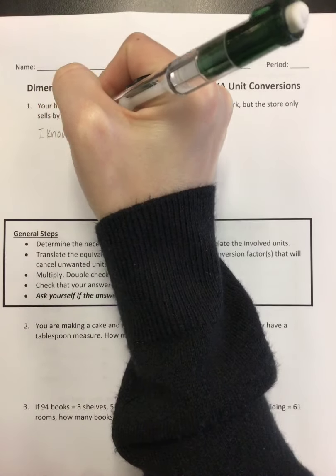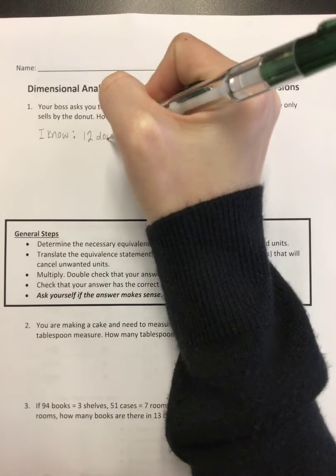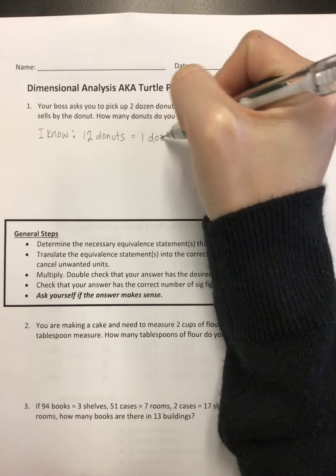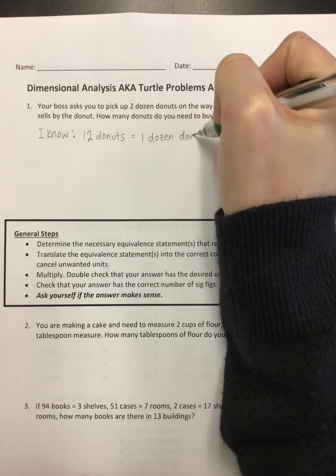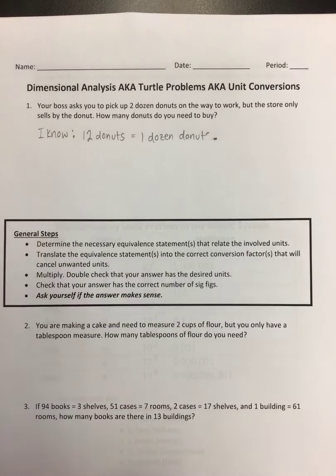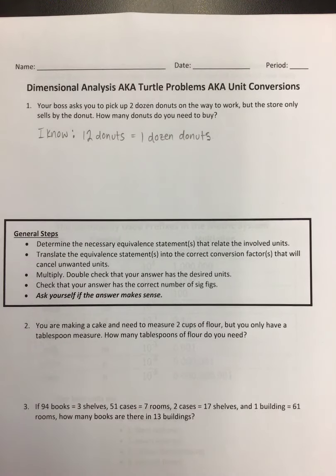So I'm going to write down, I know that there are 12 donuts and 1 dozen donuts. And that is something that is never going to change. That is a fact, okay?